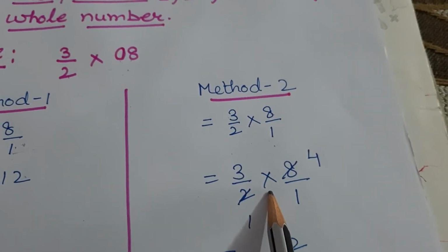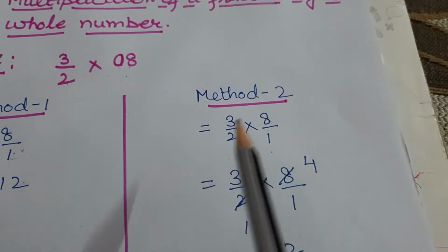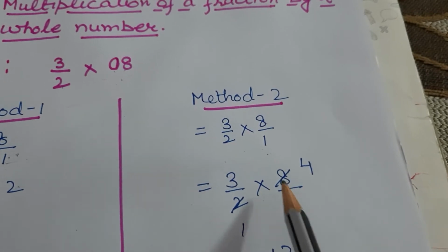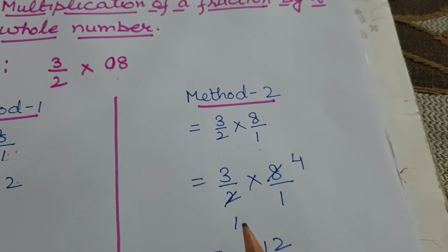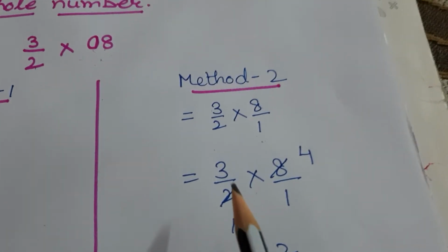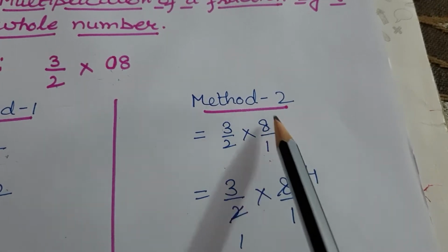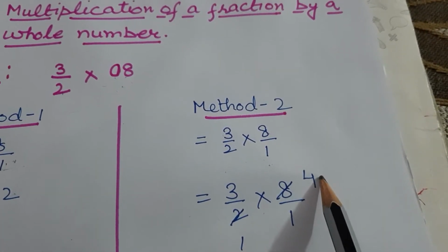Here you can cancel first, before multiplying numerator with numerator and denominator with denominator. You can see if there is any common table between numerator and denominators. So I can see here a common table, the 2's table. So 2 ones are 2, 4 twos are 8.